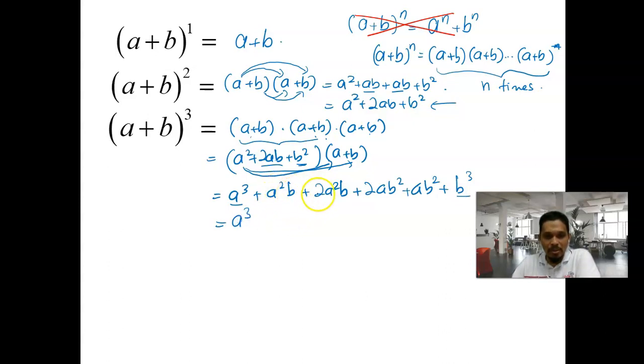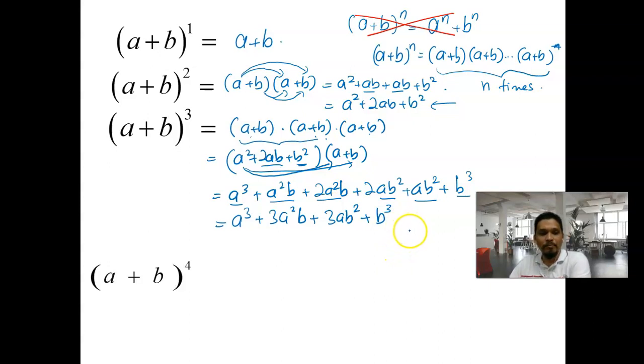A squared b, 2 a squared b. So 1 plus 2 equals 3a squared b. Then ab squared, ab squared. We got coefficients of 2 and 1 here, so it is 3ab squared, then plus the last one here, which is b cubed.